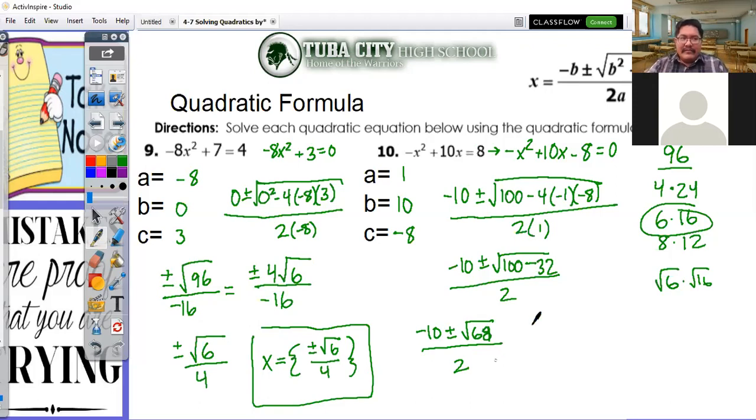So now we got to get rid of this 68. Think of large numbers. Think of square numbers. So let's think of some squares: 4, 9, 16, 25. I think I just invented a whole new method right here on the spot because I've never seen this done before. So let's get some square numbers out of 68.